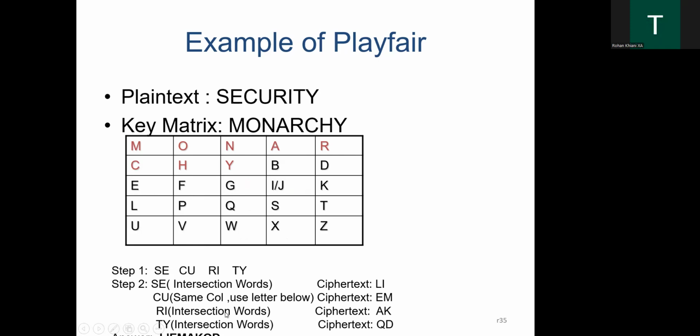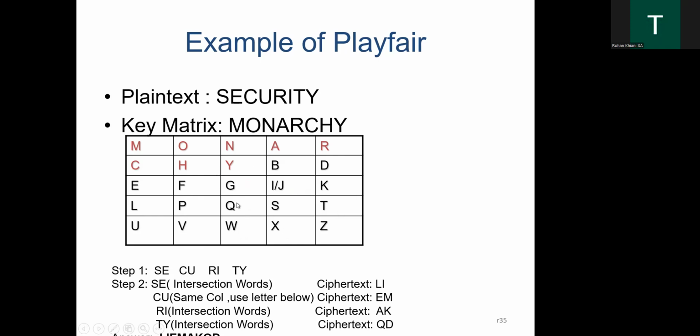Next is RI. R and I are not in the same row nor in the same column, so we will write the intersection values. So A and K will be our answer. And finally, the last one is TY. T is here and Y is here, and they are again neither in the same row nor in the same column.